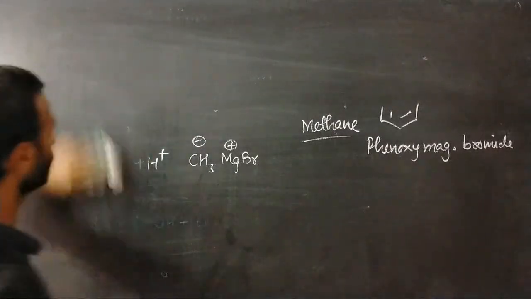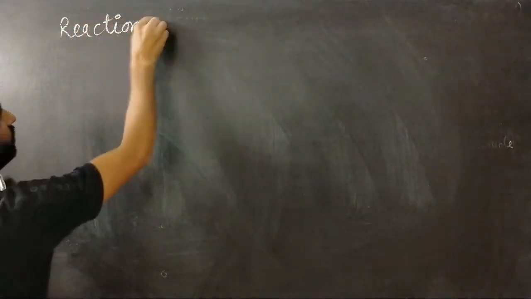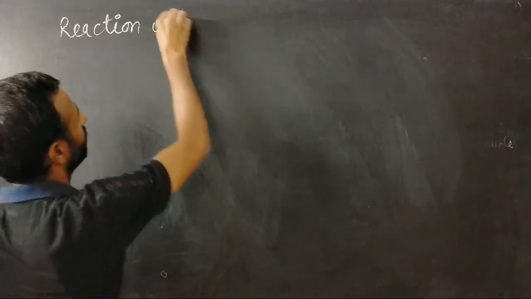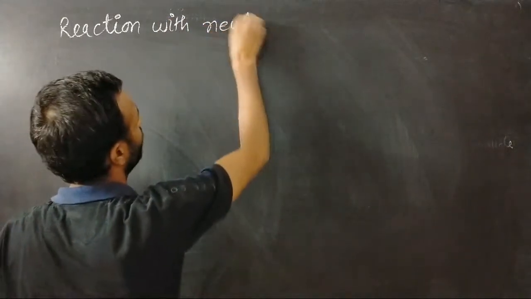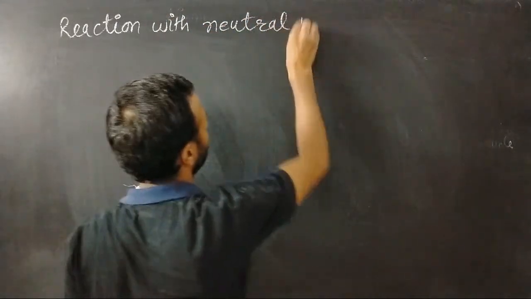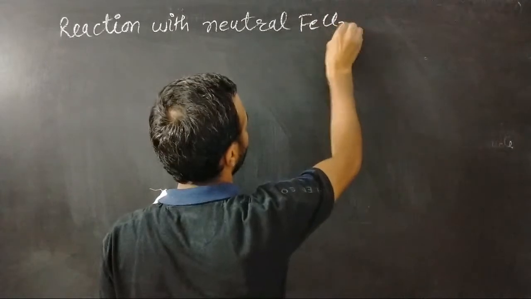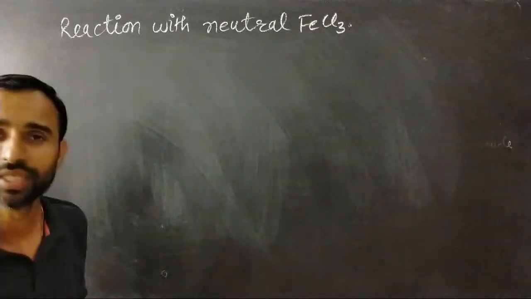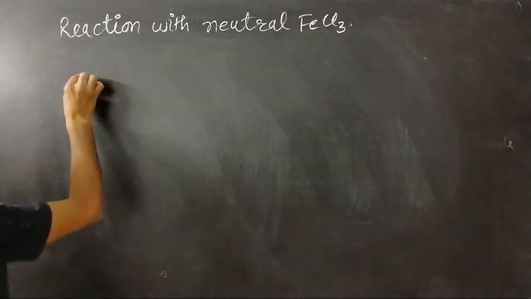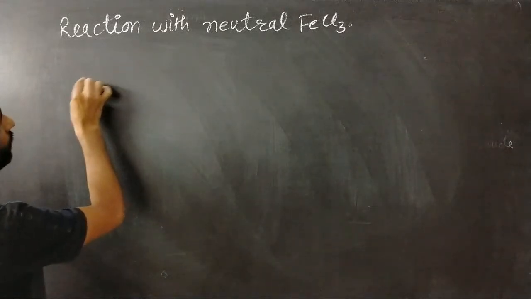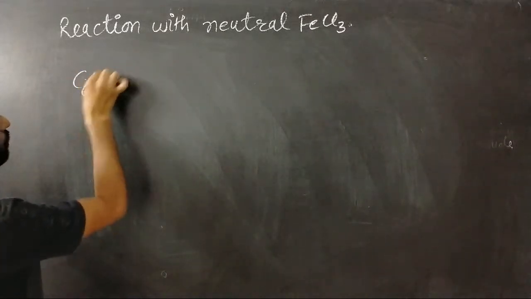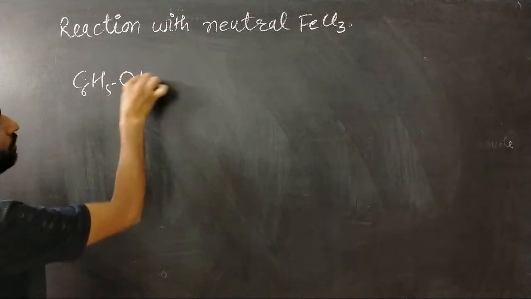Now, reaction with neutral ferric chloride, neutral FeCl3. Phenol can be written as C6H5OH.